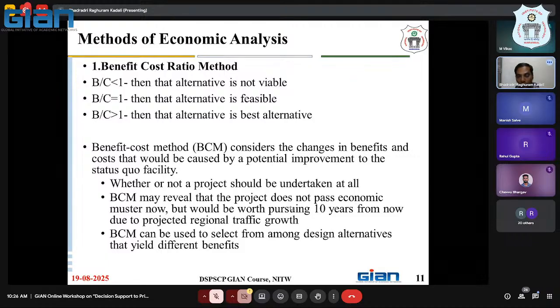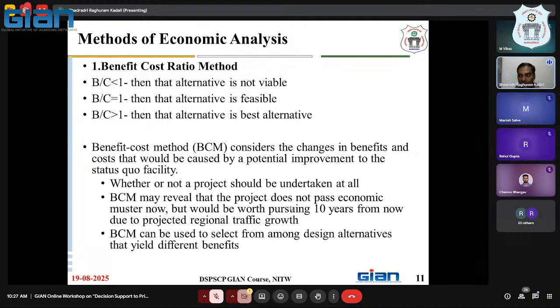Sometimes the social economic benefits or social economic development we are expecting might not be fully achieved after some period of time. Then there will be a loss on the project again. So that's the reason the B/C ratio alone cannot be relied upon.